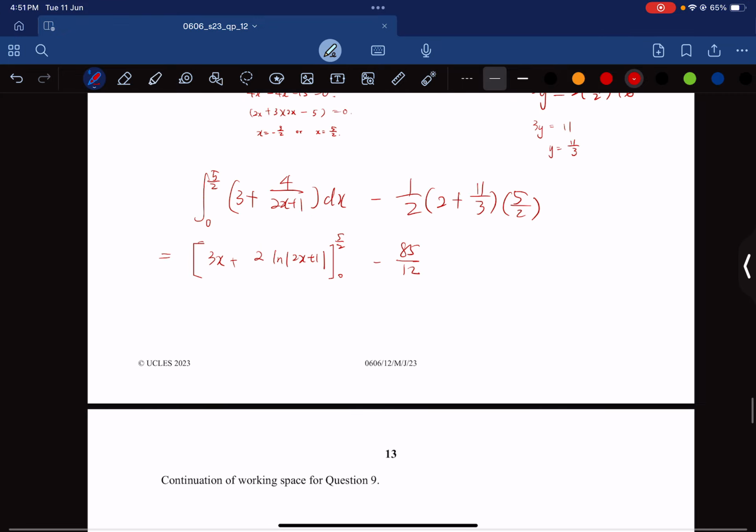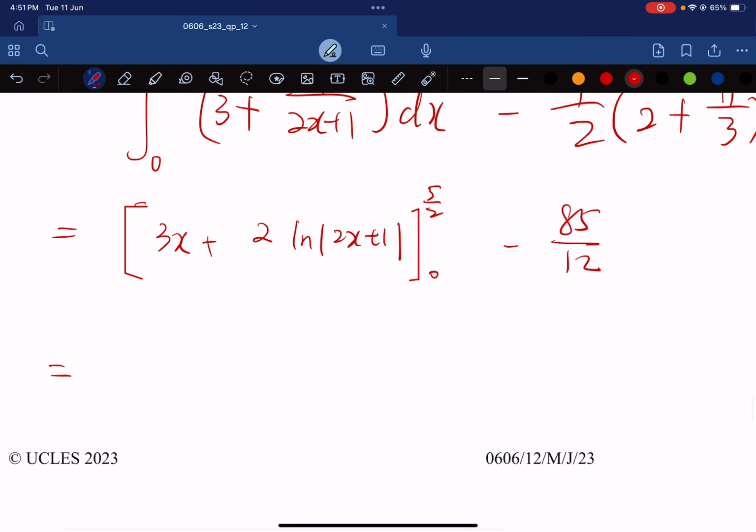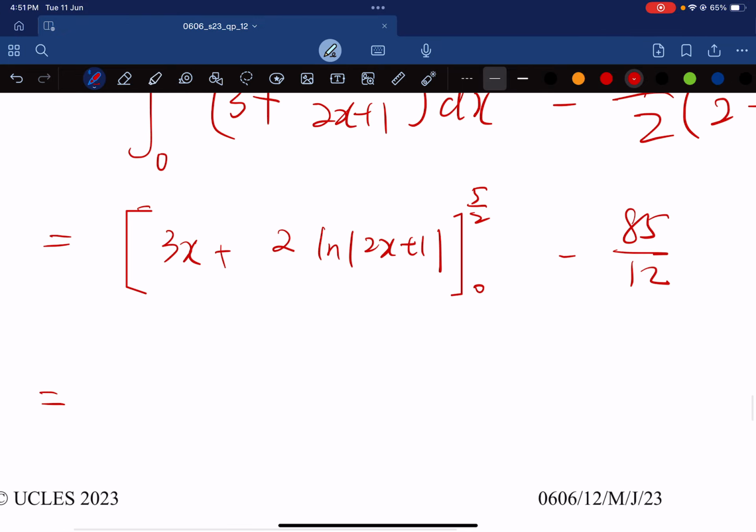Okay. And then substitute 5 over 2 inside. 5 over 2 times 3 is 15 over 2, plus 5 over 2 is 2 ln 6, minus 0. Substitute 0 inside. 2 times 0 is 0, 0 plus 1 is 1, ln 1 is 0. Okay, so it's just like this.